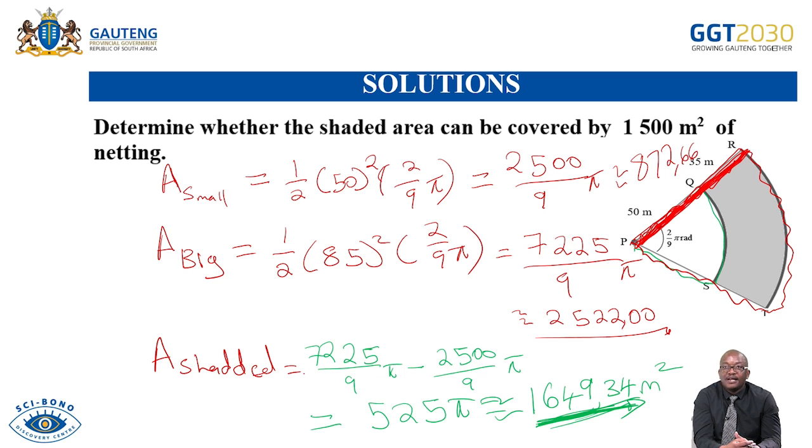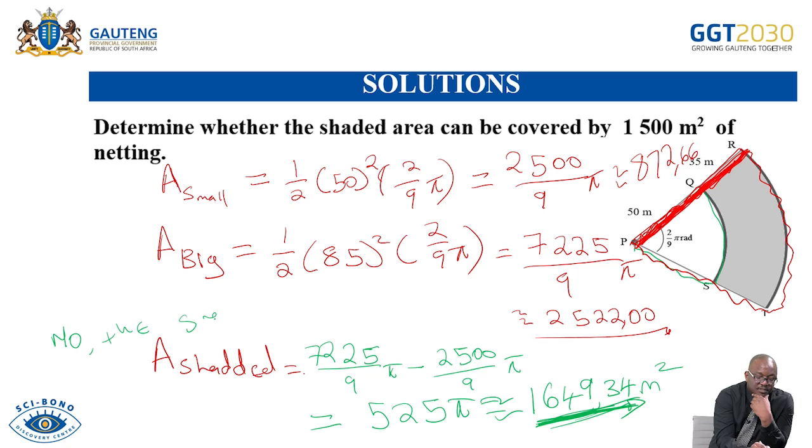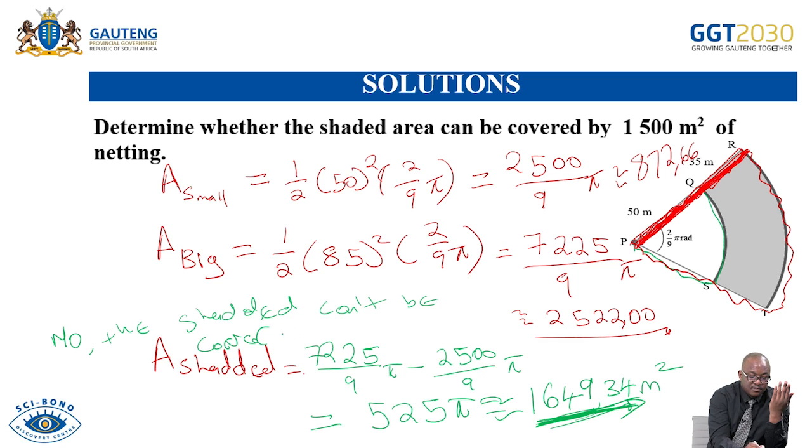So in conclusion, you will say no, the shaded part cannot be covered by 1,500 meters squared of netting.